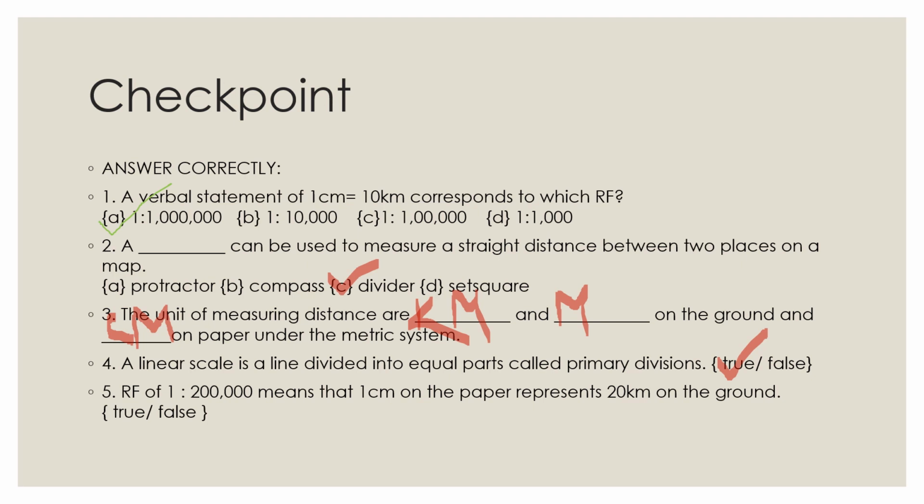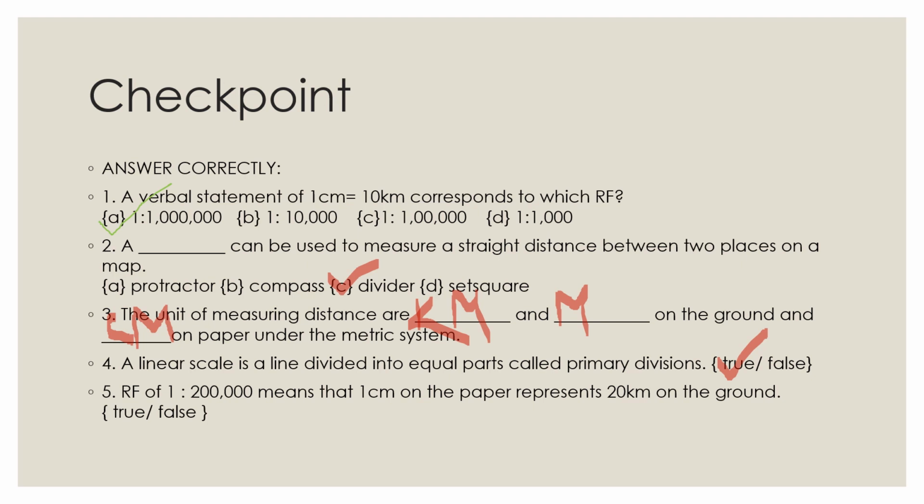RF of 1 centimeter is to 200,000 means that 1 centimeter on the map represents 20 kilometers on the ground. This is not true.